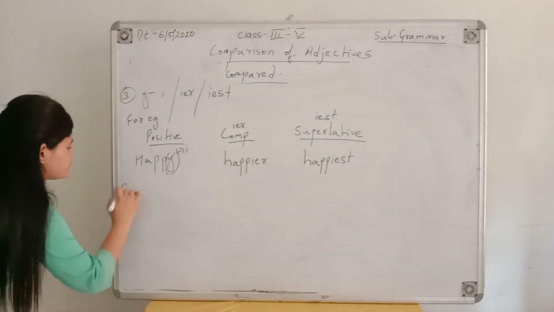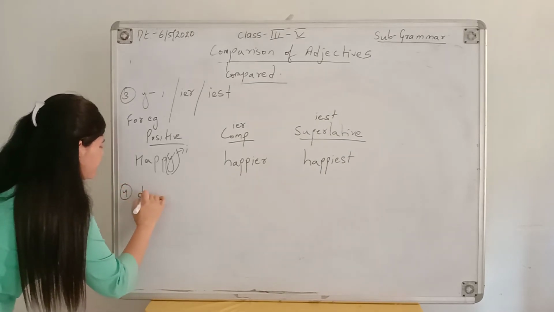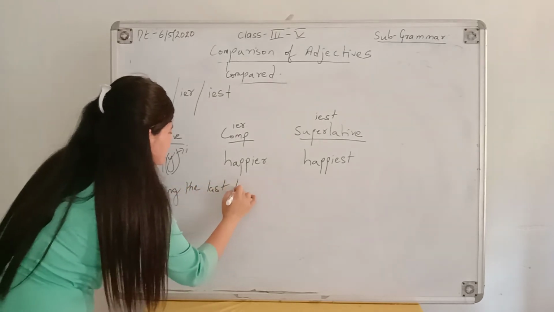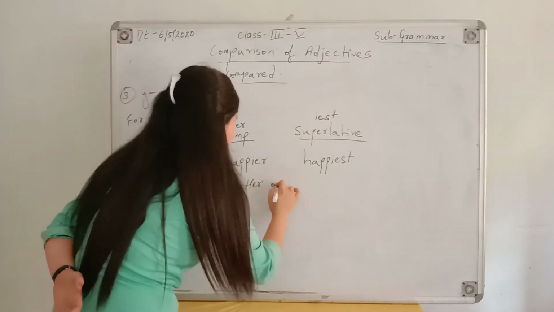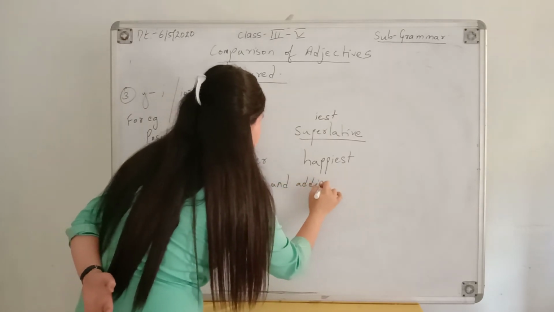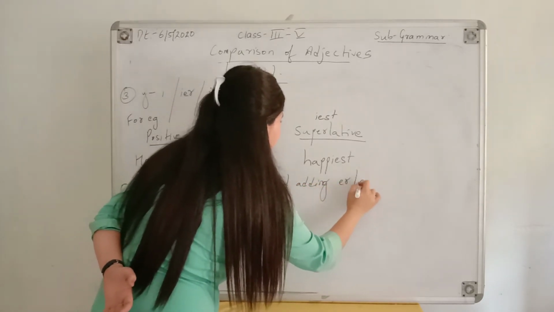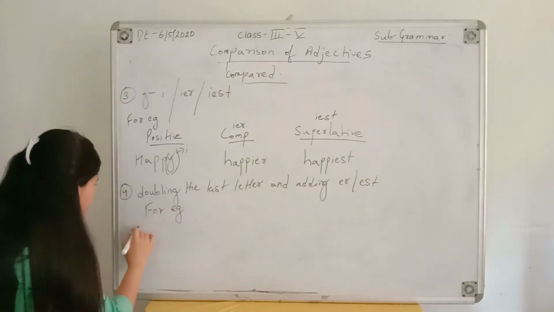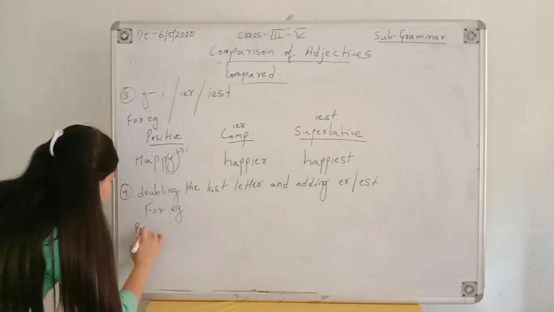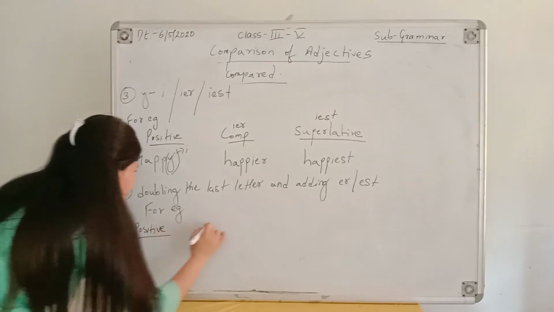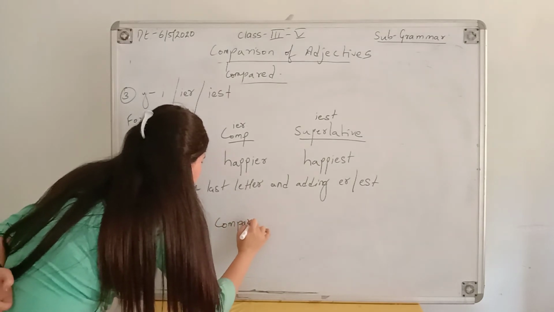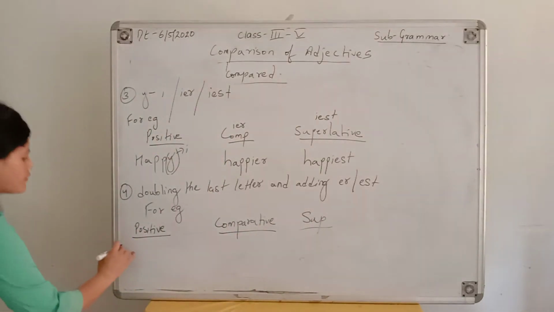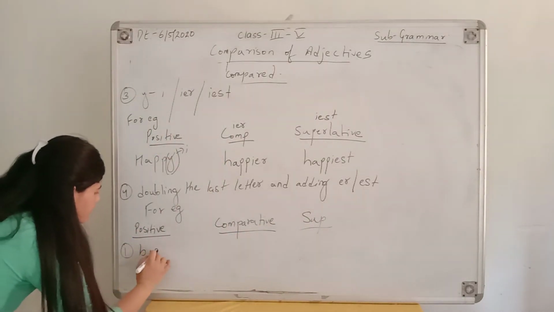So number four is doubling the last letter and adding er and est. For example, positive, comparative and superlative. For example, big.